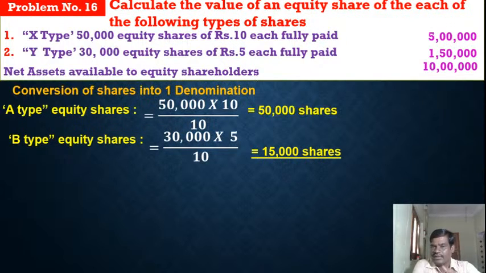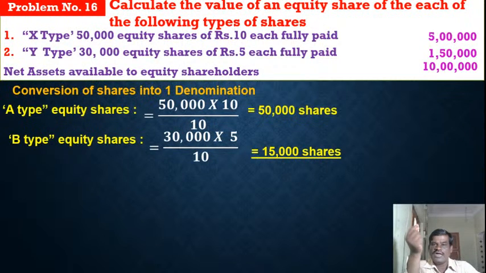Now we are converting rupees 5 into 10. That's why I have taken 10 as a denominator. 30,000 shares into 5 divided by 10. What is the number of equity shares? 15,000. Now 30,000 shares are converted into 15,000 shares.